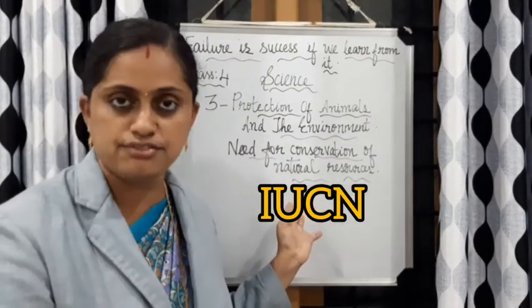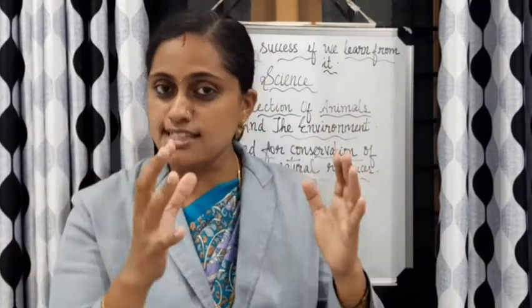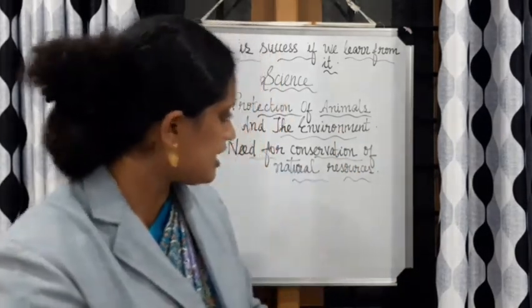This organization is working hard to protect our nature and our natural resources. Do you know where the headquarters is? Where is the main office of this IUCN? Yes, it is situated in Switzerland. That is the first extra information for you.